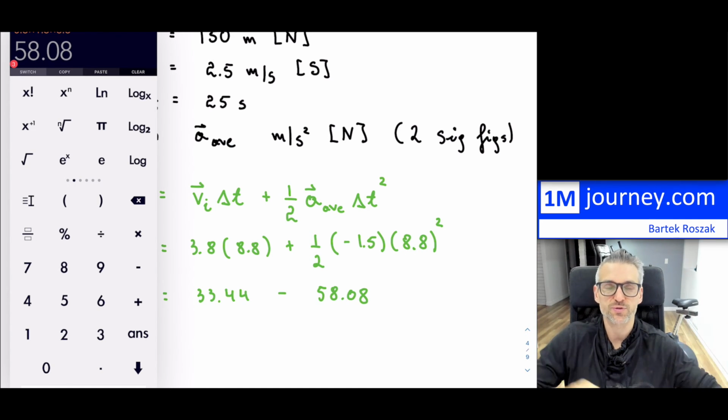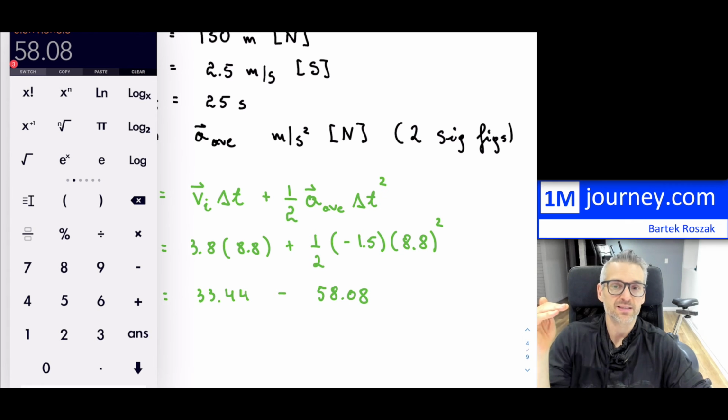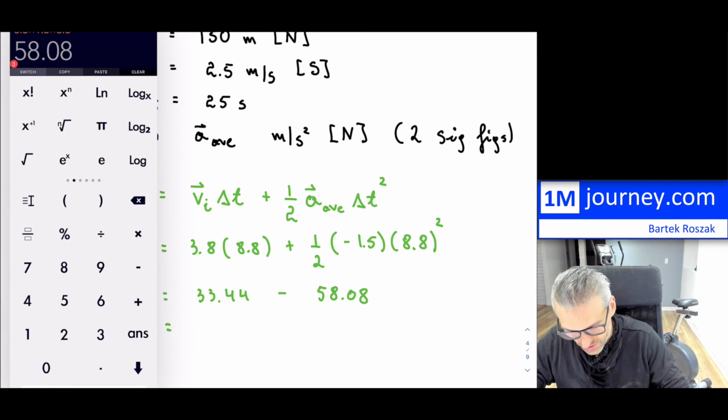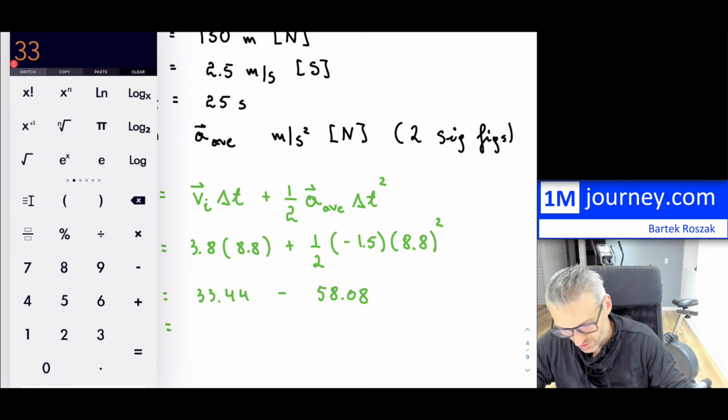There are some rules for that, but typically in foundational physics and most sciences, in the intermediate steps, you'll just keep the decimals as they are. And then once you compute and get to the final answer, only then round to whatever it is that they want you to round.